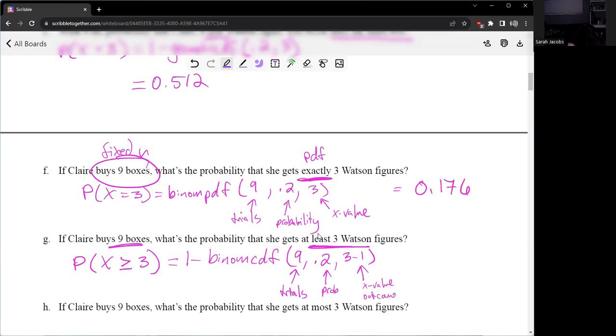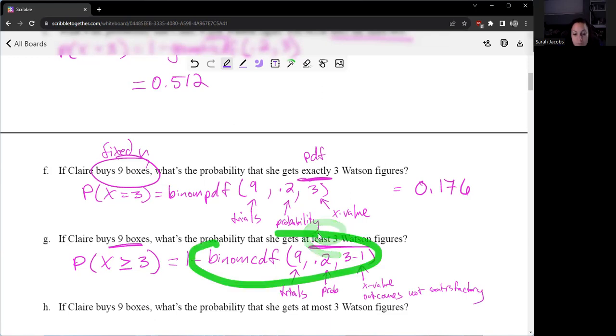Outcomes not satisfactory. So at least 3 means 3 works, which means what we want to subtract out here is the possibility that she gets 0 Watson figures, 1 Watson figure, or 2 Watson figures. So that's why this is going to end up as a 2.